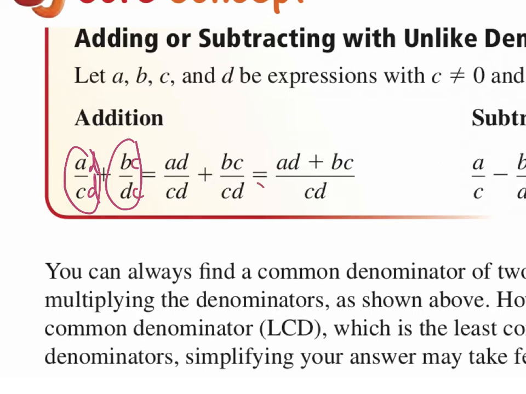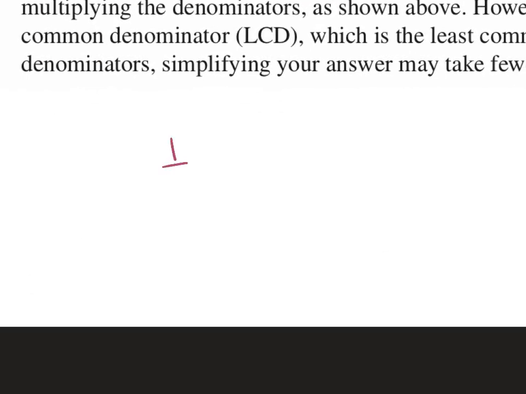So that way it gives us a common denominator, which would be c times d. If we had 1/2 plus 1/3, how would we add these together? How can we get a common denominator?